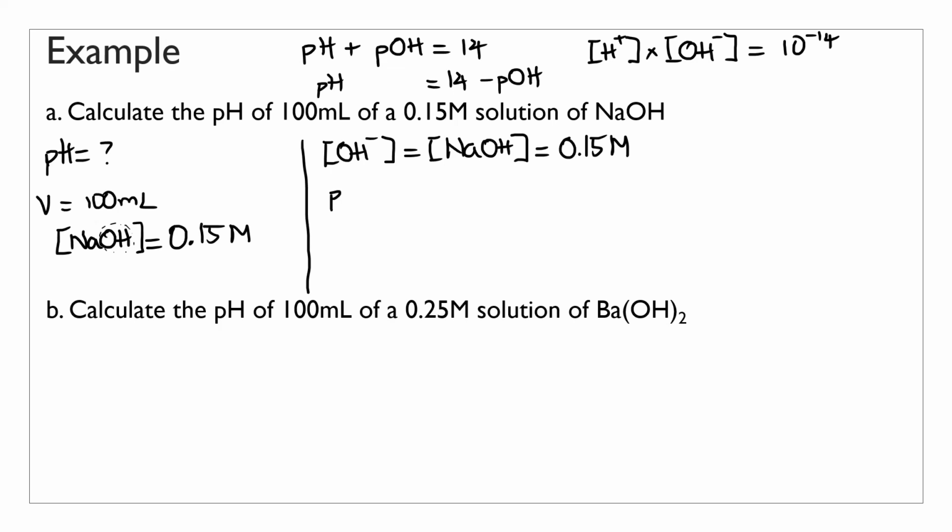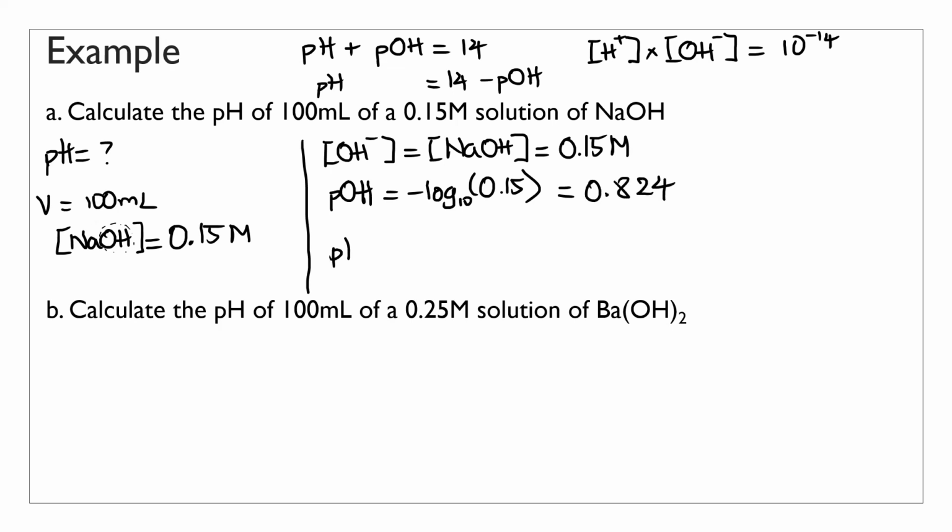So I can find pOH, which is negative log to the base 10 of 0.15. Use a calculator. I totally cannot do this by hand anyway. So I get 0.824 as the pOH.